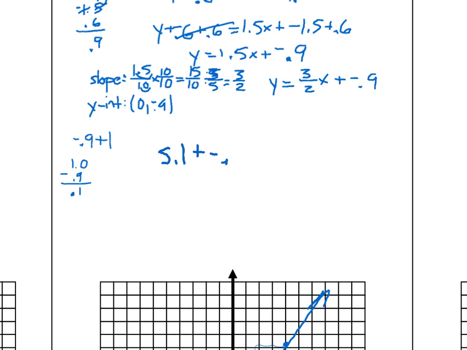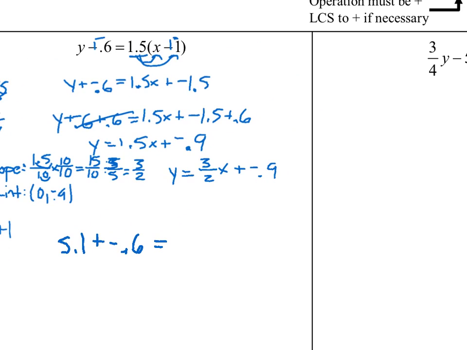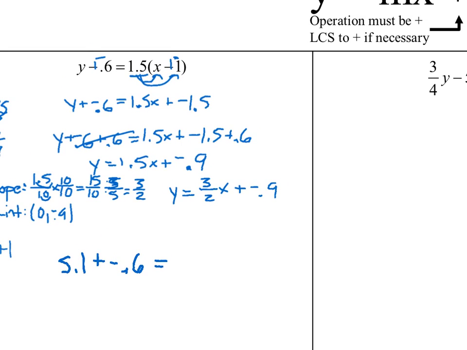So we're going to have 5.1 plus negative 0.6 is equal to 1.5. And what are we plugging in for x, Patrick? Go back to your point. Where is it?